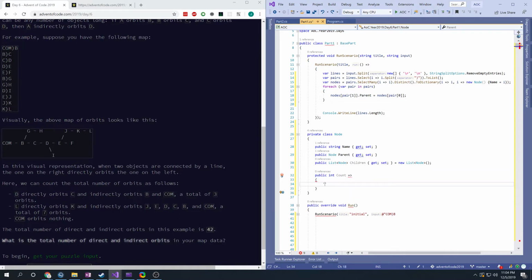Oh yeah, return value missing. Okay. Plus. Not a.